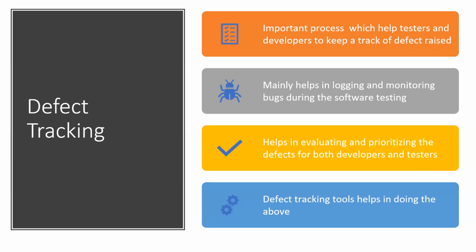Even the developers can prioritize the defects which we have raised. So defect tracking is very helpful for that purpose. We do it through defect tracking tools, that's why I put that defect tracking tools help in doing the above. You're clear on what defect tracking is, right?